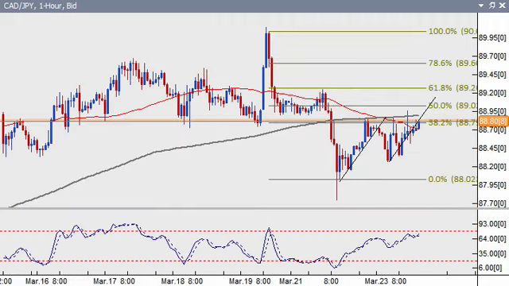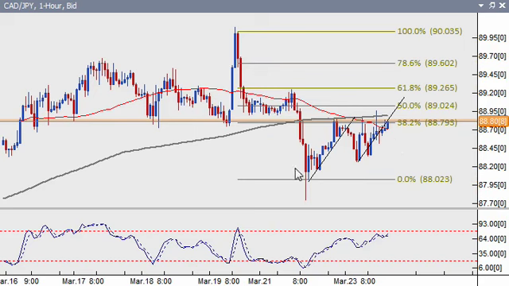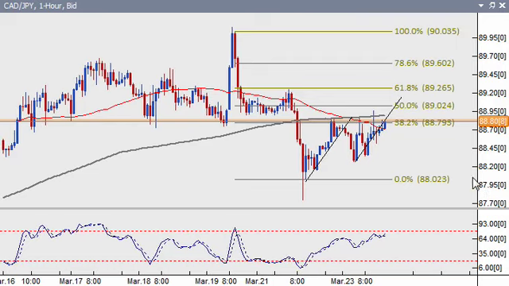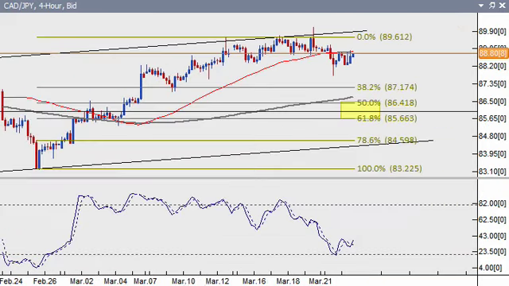Now in the near term, looking at the 1 hour time frame, we do project this rally towards about 89.10, 89.20 area, which is near the 61.8% retracement of this decline. So if the market were to kind of top off here and continue declining, looking at the 4 hour time frame, our target in the short term could be 86 area.